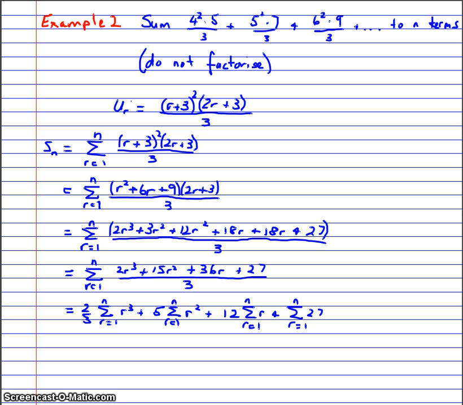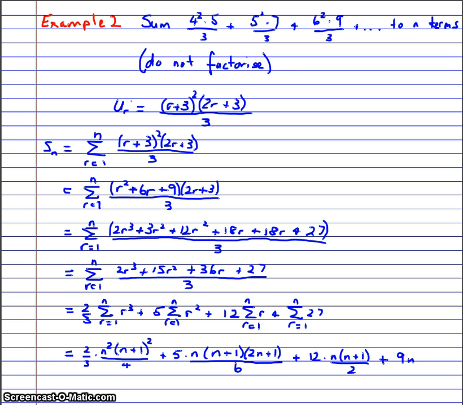And then the last one there, we've got the sum from 1 to n terms of just the constant 27. And so what we'll do is use what we know about the r cubed, r squared and r series, and replace those as we did in the previous example, and then that last series would just become 27 times n.